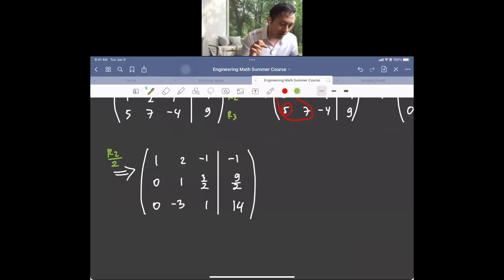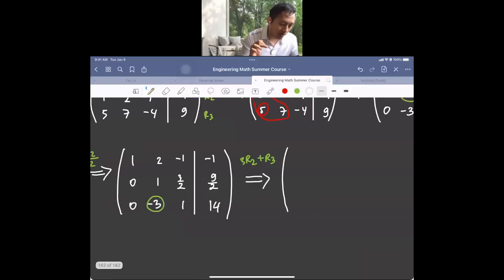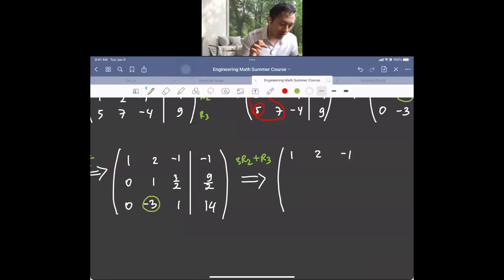Now we can make this -3 become 0 by adding row 2 multiplied by 3. So we can say 3R2 plus R3. We write the same thing here, also the same here, and we are going to change the last row.